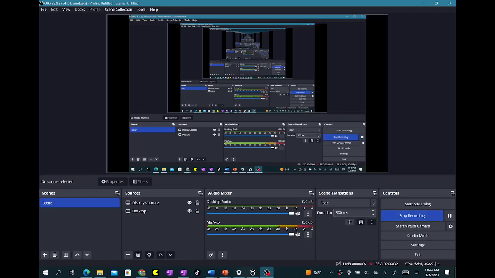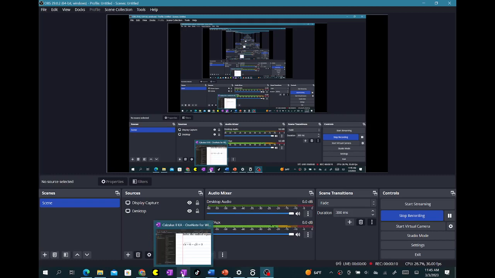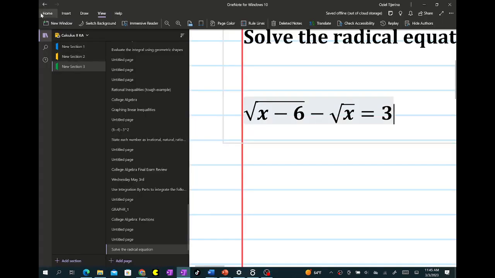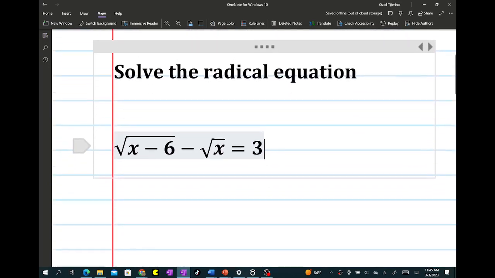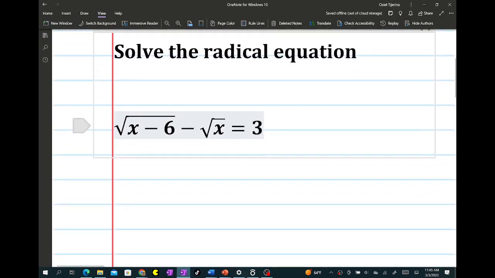Okay, so hi guys. I wanted to make this really quick video, or rather, I don't know if it's going to be quick, but I wanted to show you guys how to solve this radical equation. I know we were going over functions, but this is considered a little more difficult.